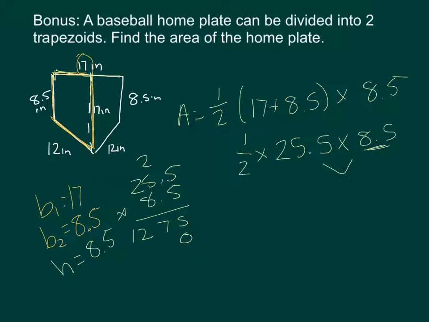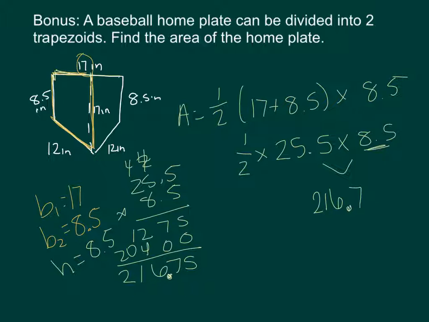Bring down the 0. 40. 44. 16, 17, 18, 19, 20. Okay, I think I did that right. And then my decimal is going to be right here: 216.75.